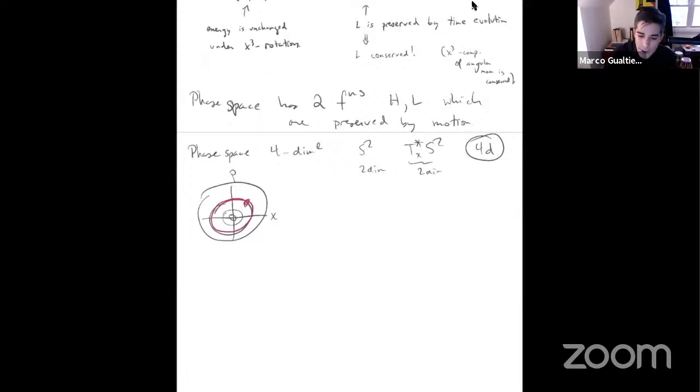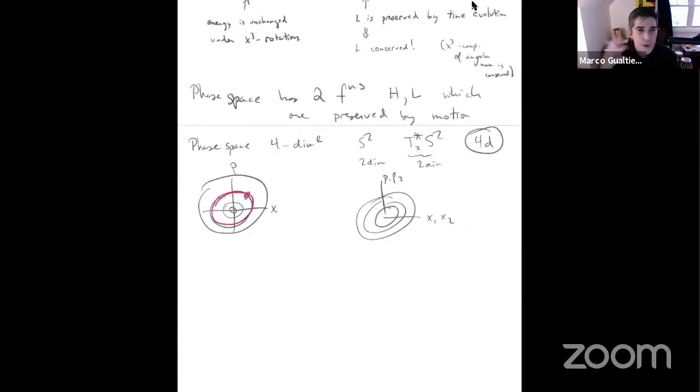Similarly here, I have x1, x2, p1, p2, and I have level sets of some other functions, H and L. So I would like to know somehow what these level sets are. It might help me to determine what the motion of the particle is in a kind of indirect, but clever way.